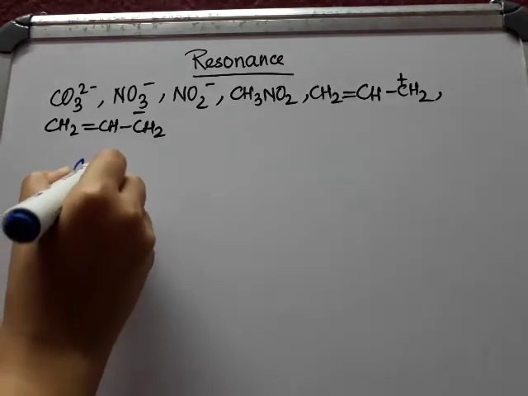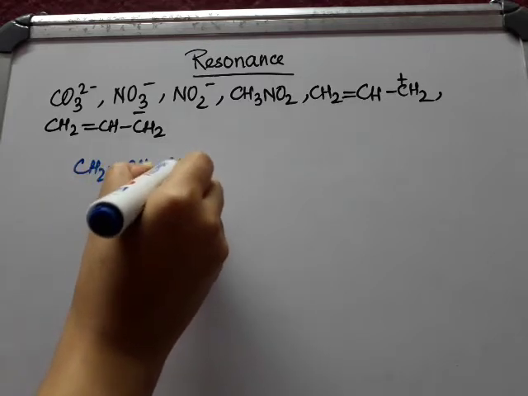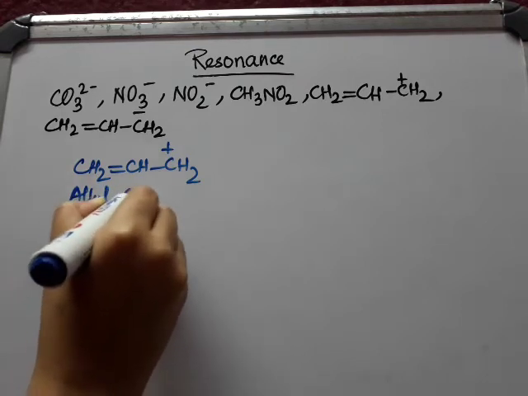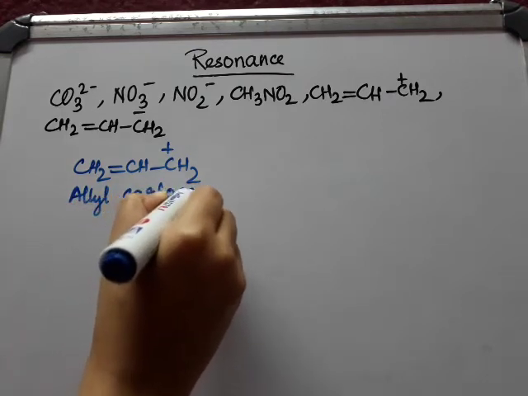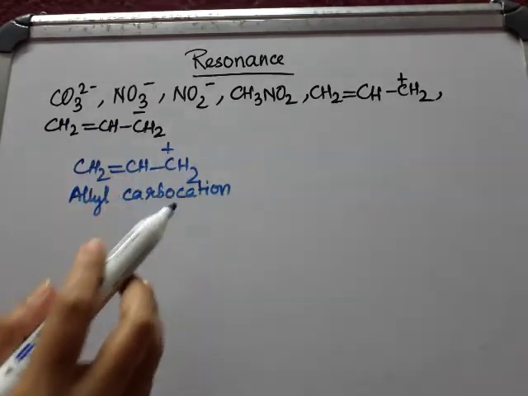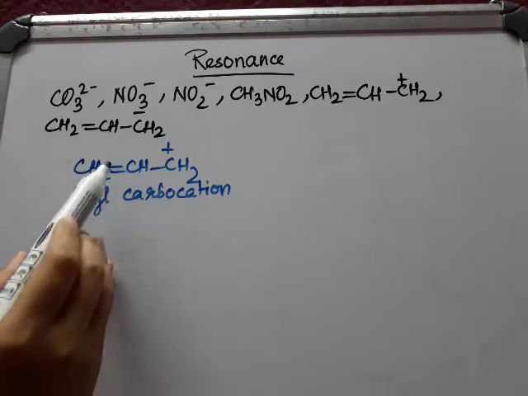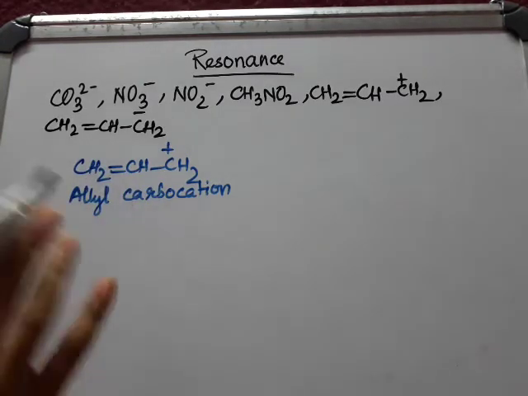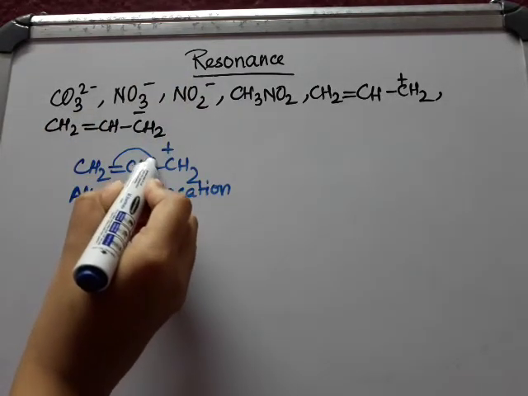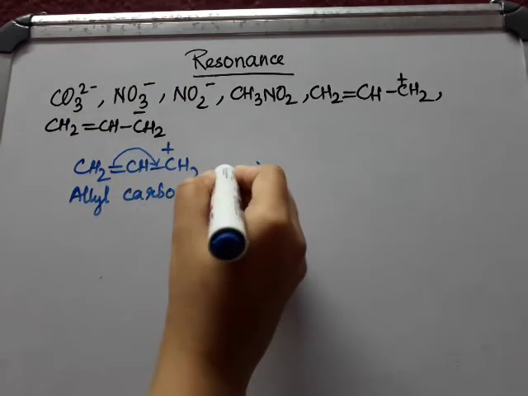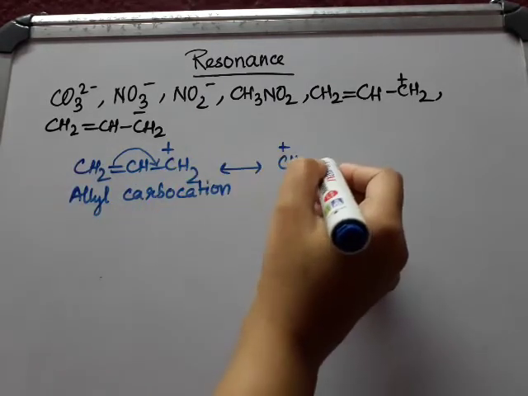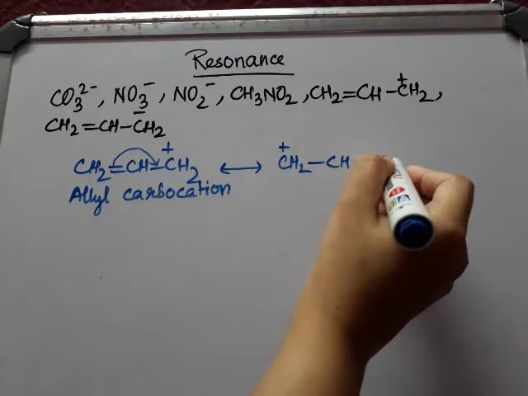So this is allyl carbocation. Here the positive charge is in conjugation with a double bond single bond conjugated system, right. So this positive charge can be neutralized in this way due to resonance, and a positive charge will be generated here in another canonical structure.